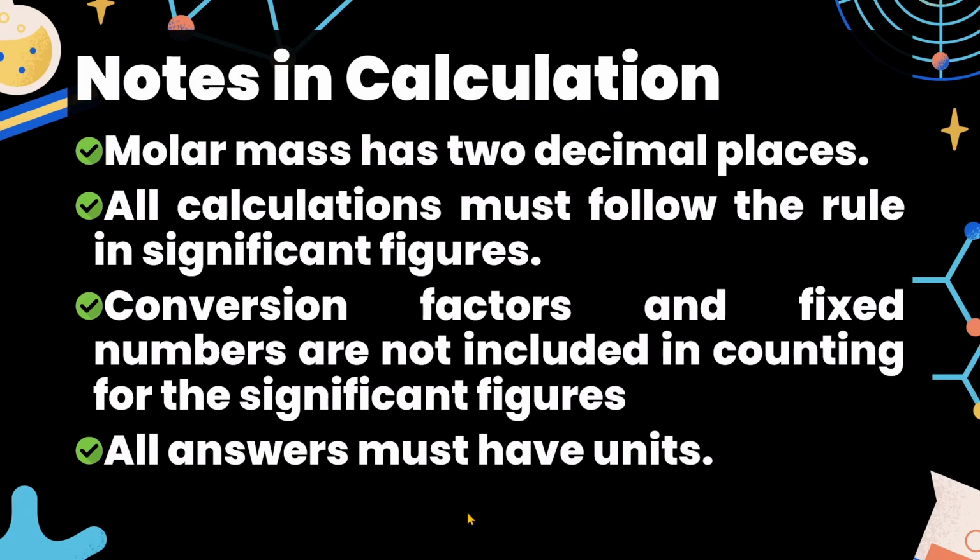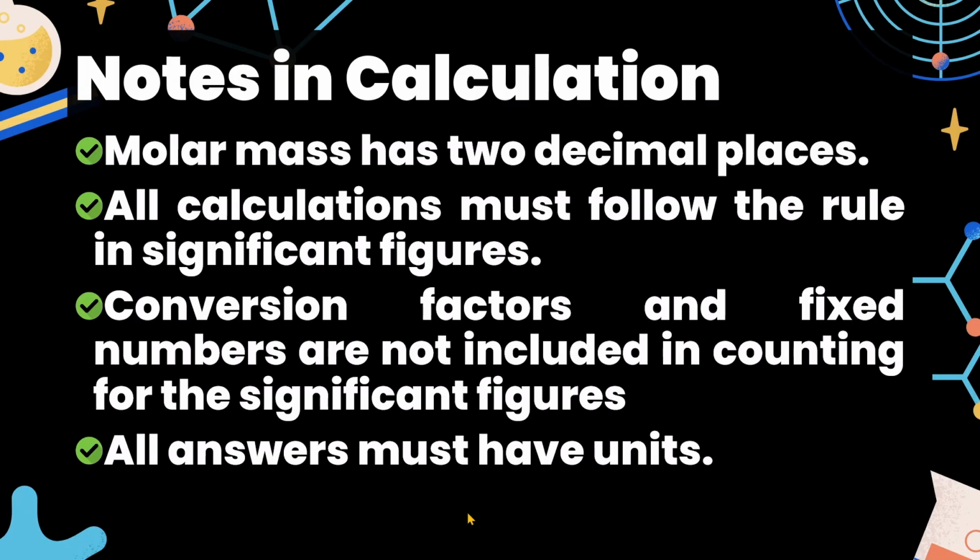move forward on how to calculate problems involving stoichiometry, let's bear in mind these important notes. Molar mass has two decimal places. So take note of this in every calculation. Your molar mass, namely the compound mass, the formula weight, should have two decimal places.